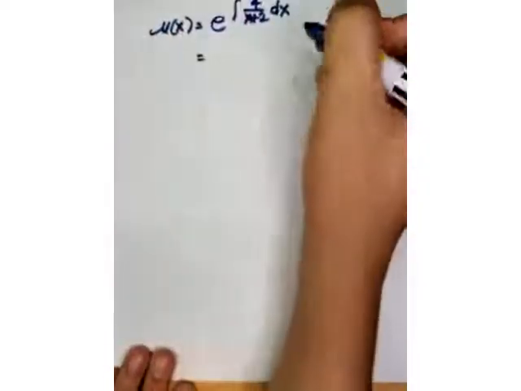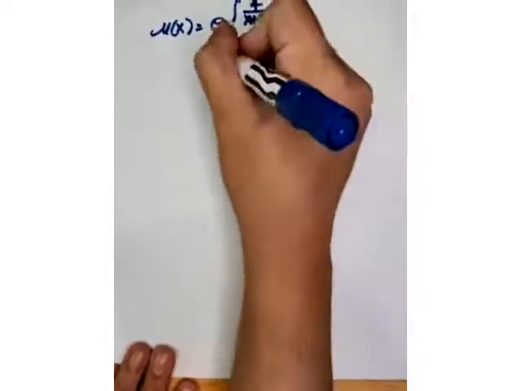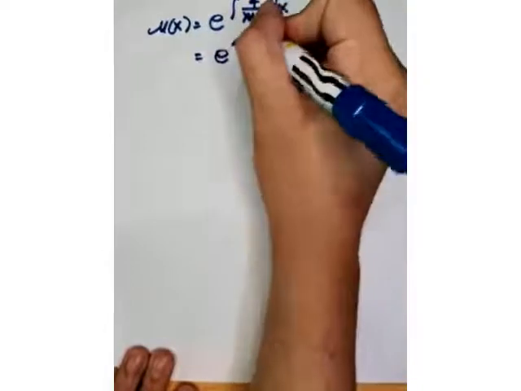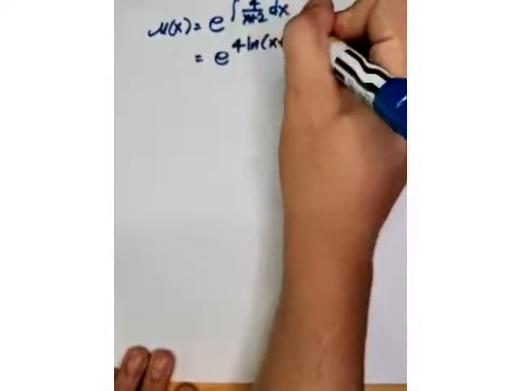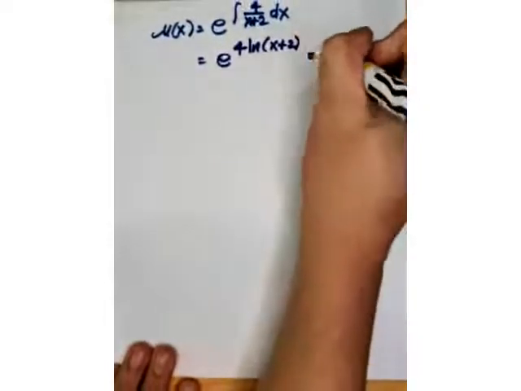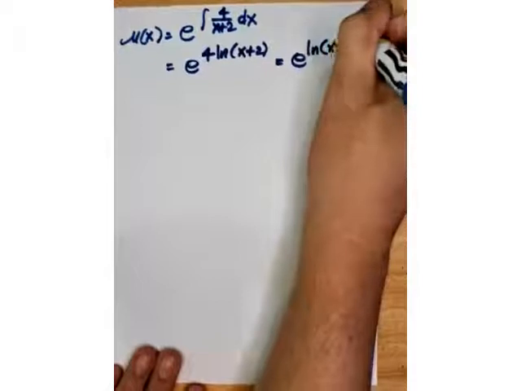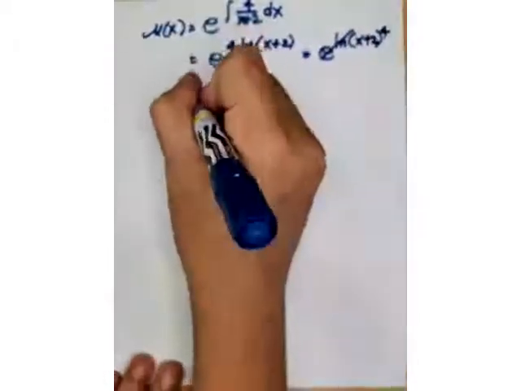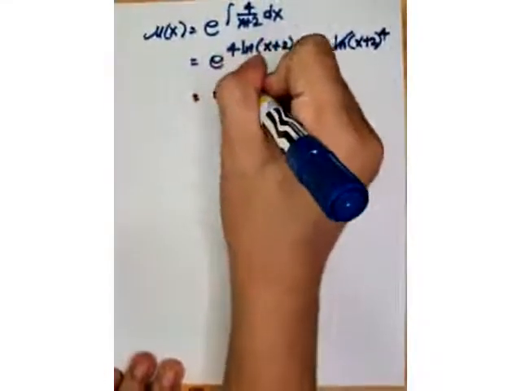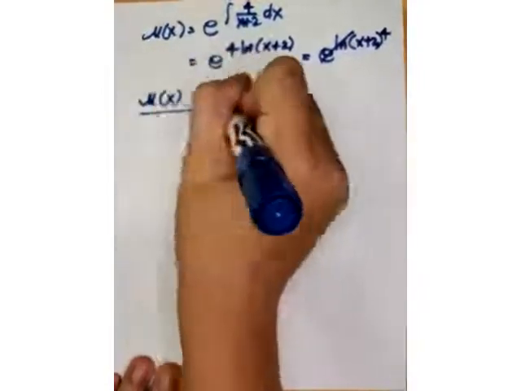What is the integral of this? It is ln, so that's e raised to 4 ln of x plus 2. Let's simplify so we can cancel. That's e raised to ln of x plus 2 to the 4th. Cancel that, so we have x plus 2 raised to 4. That is our integrating factor.